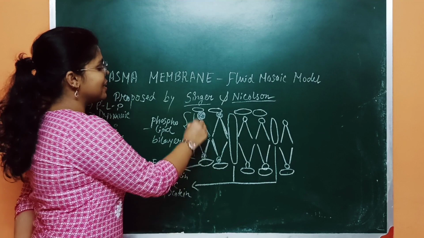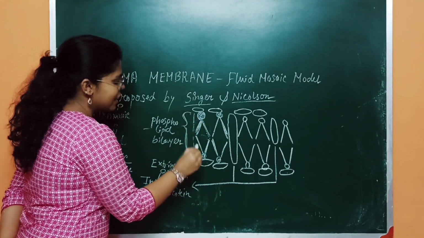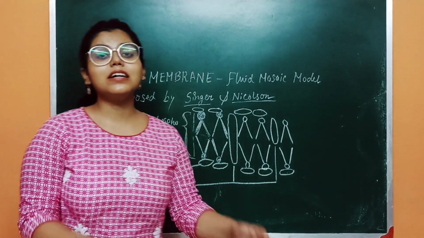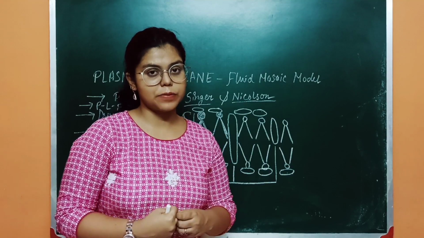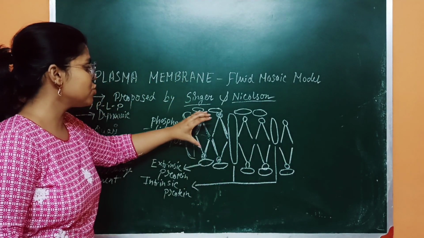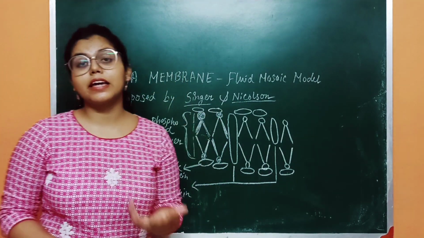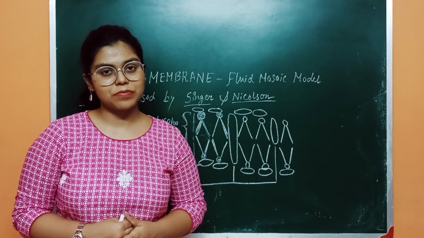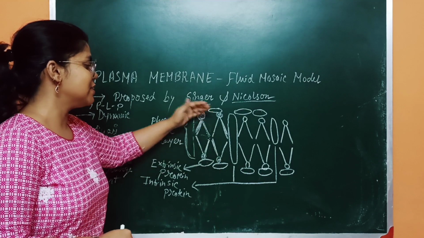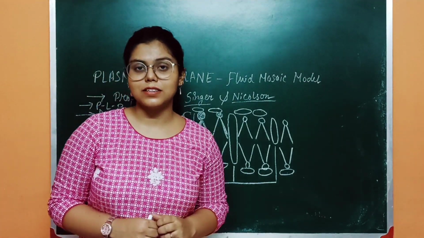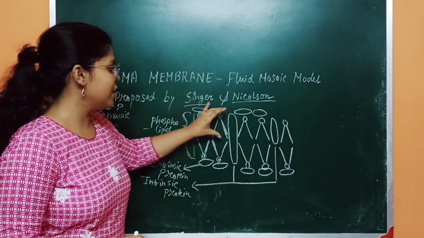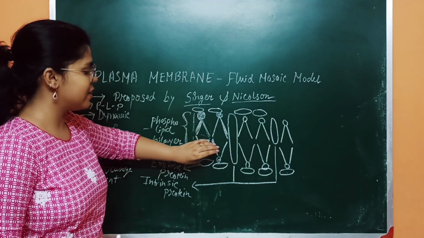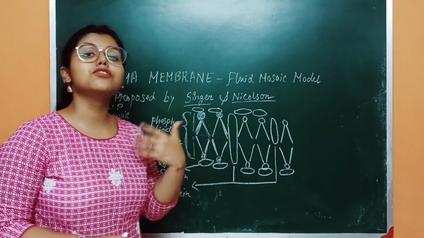So basically in this part you can see a sandwich-like structure, because this structure, which I imagine as the human, is the lipid structure, and it is present in two layers. This is one layer and the other layer is at its inverse.